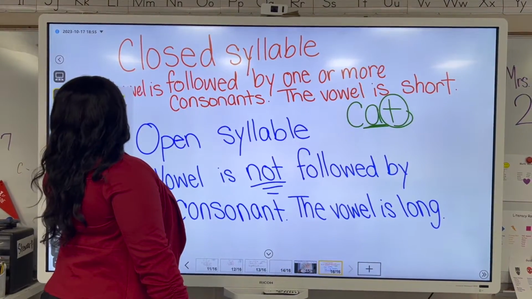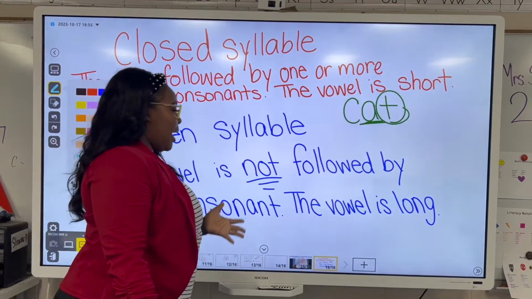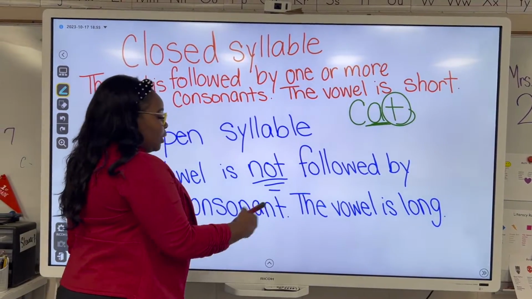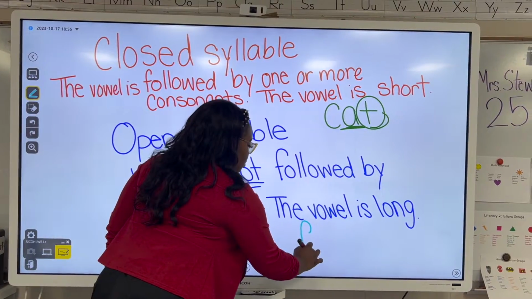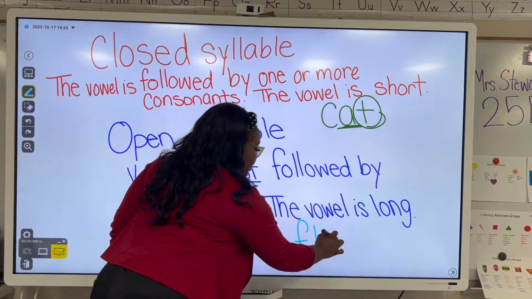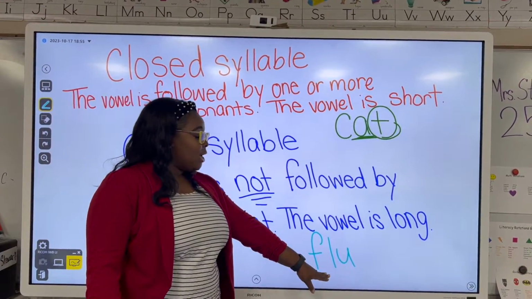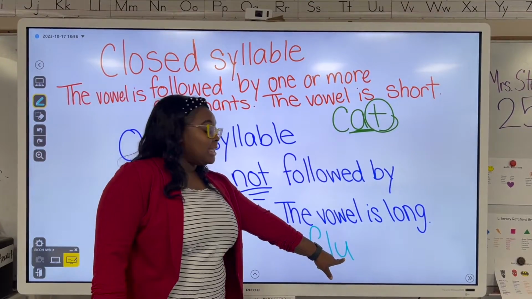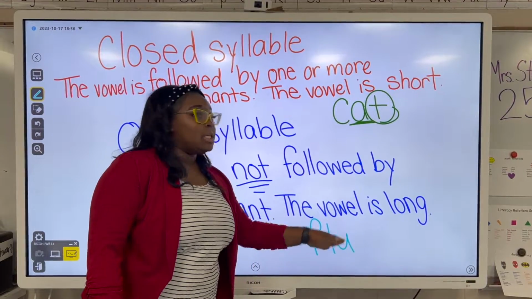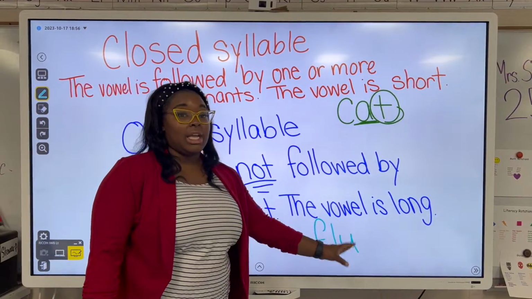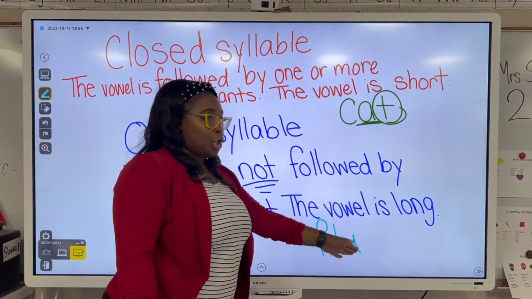Now for open syllable, let me use this example. For my word here, flew, you see that vowel does not have a consonant behind it. It is open. It's free to say its long name, okay?